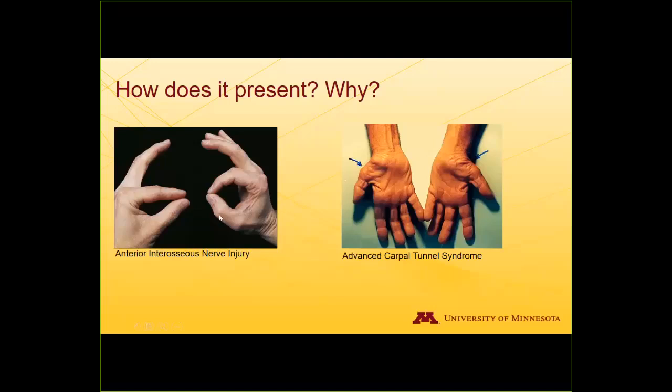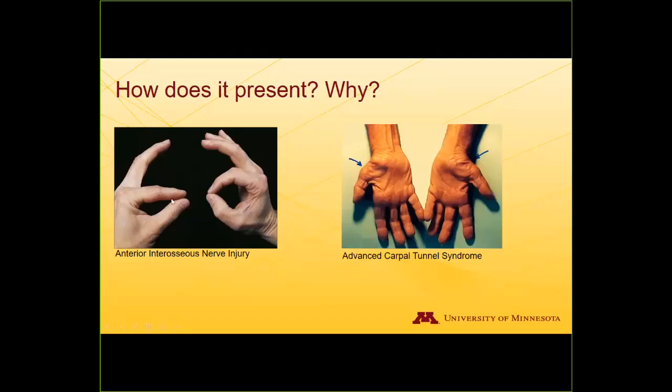And on this side of the hand, you can see the IP joint flexing very well. The anterior interosseous nerve also innervates the flexor digitorum profundus, whose responsibility is to bend the DIP joints. That's what flexor digitorum profundus does, primarily. You can see in this picture this person is doing a nice job of flexing their DIP, whereas on this side they're not.